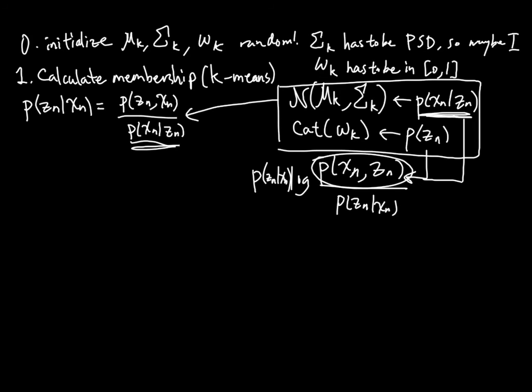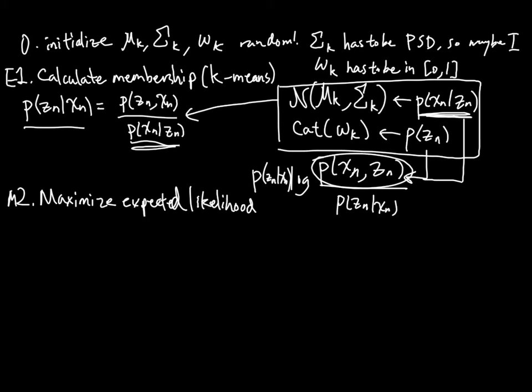So we get this probability. Then step 2, we recompute, as in maximize. So this is the E step, and this is the M step. Now we maximize the expected likelihood. That's when we calculate mu k equal to blah blah blah, sigma k equal to blah blah blah, and omega k equal to blah blah blah.